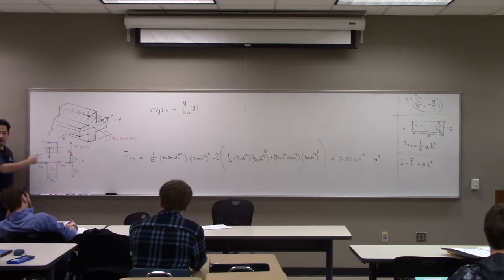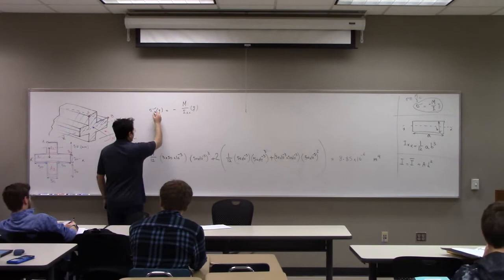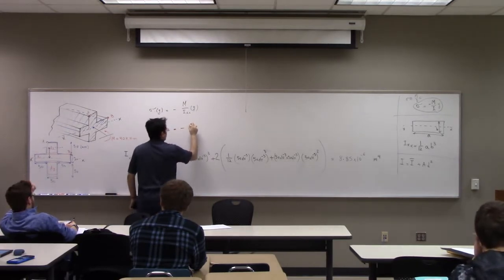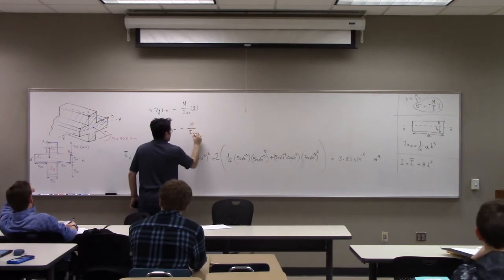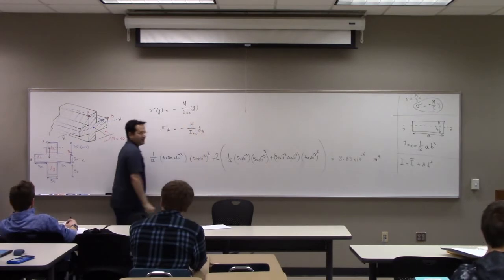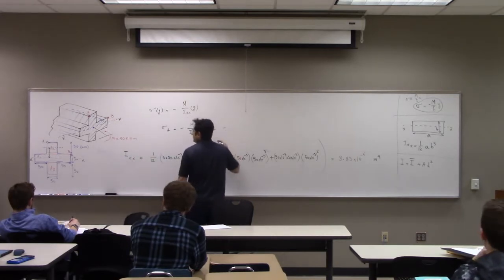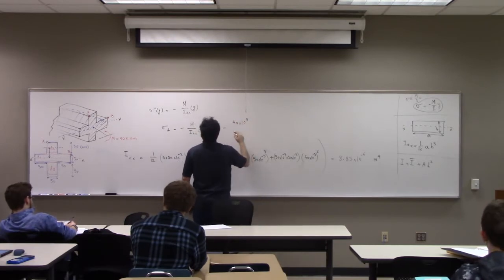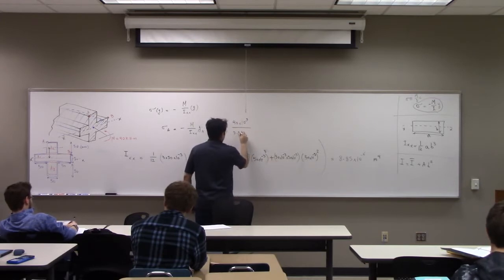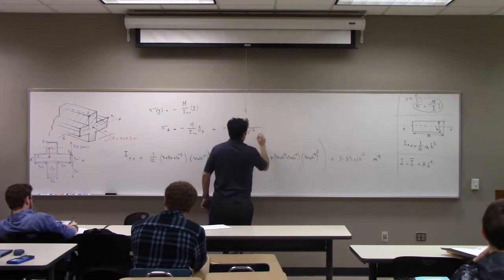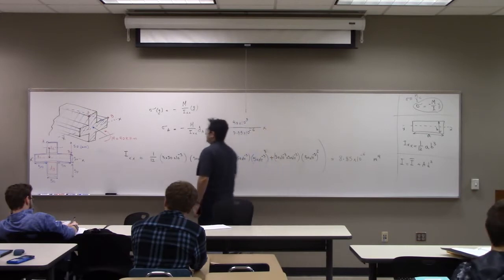All you need to do is put it in. For point A, sigma at A is equal to negative M over Ixx times yA. Plug in the values: negative, moment is 40 times 10 to the 3, over I, which is 8.85 times 10 to the negative 6, times yA.